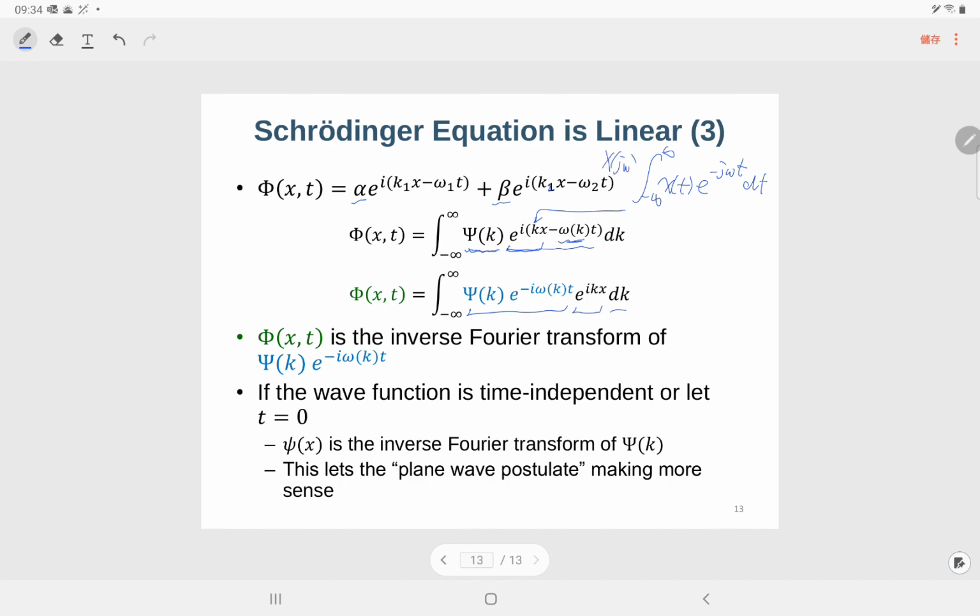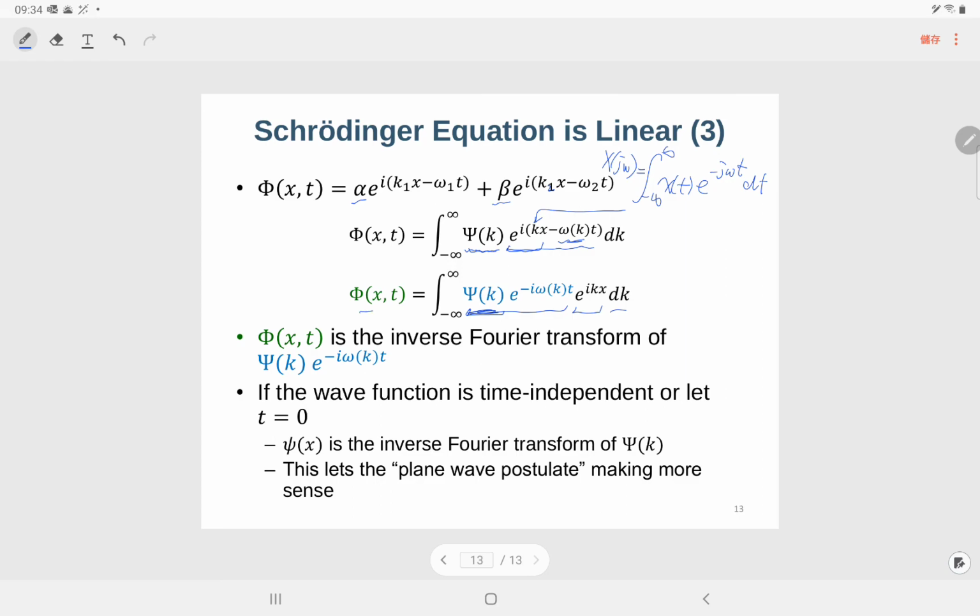But yeah, different textbooks have different definitions. So it's actually like a Fourier transform. When I talked about the Heisenberg uncertainty principle, I told you that the k domain and the x domain are somehow like a Fourier transform pair. So this is in k domain. This is in x domain.